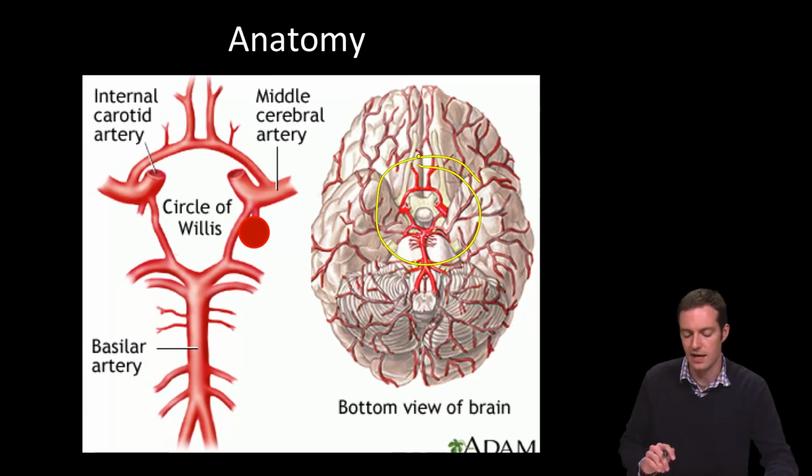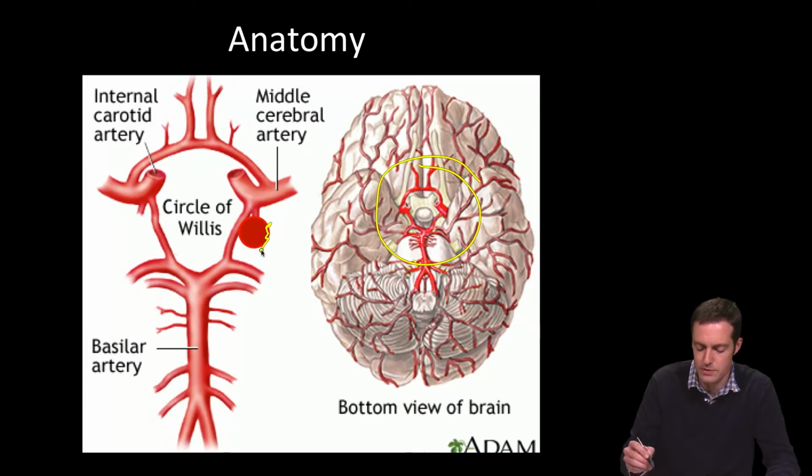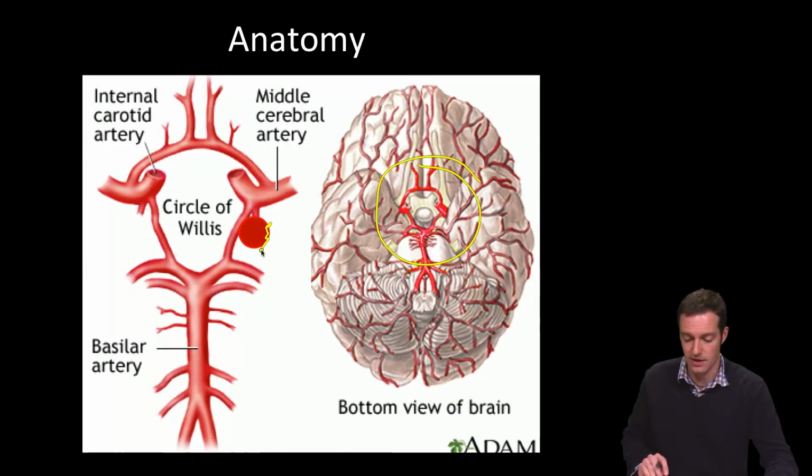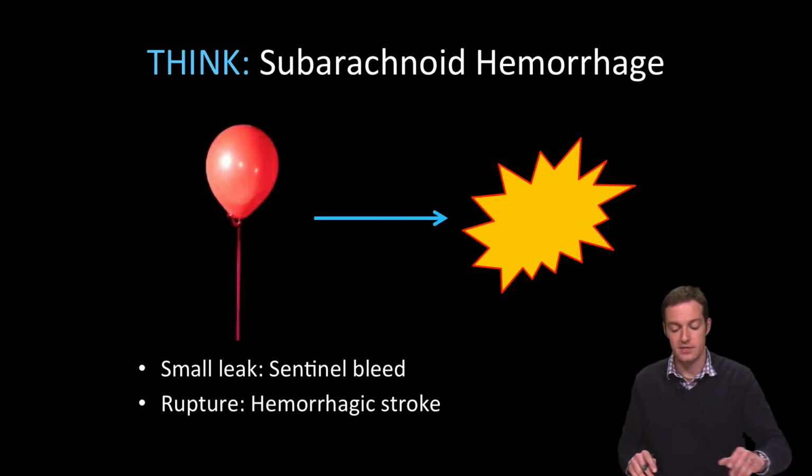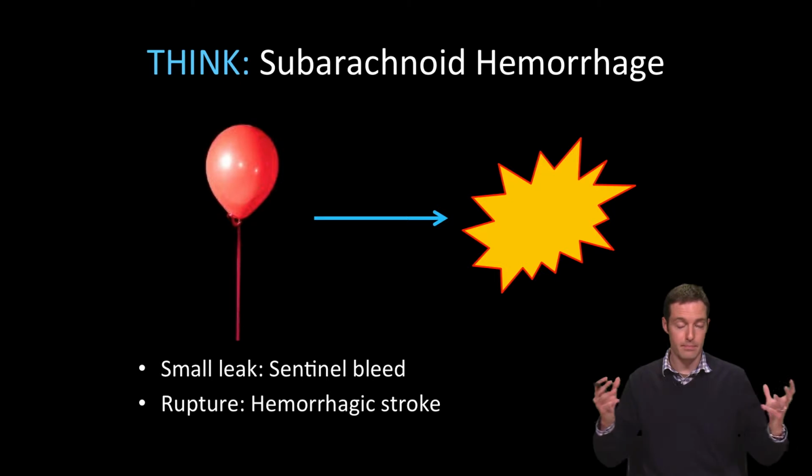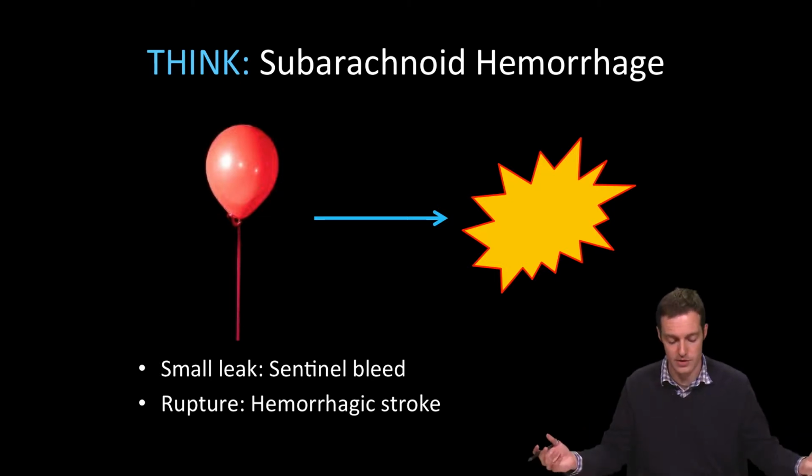And all it takes is a subtle abnormality in one part with the pressures that the patient has experienced, elevated blood pressure, to lead to a small tear, rupture, and eventually bleed with devastating consequences. Again, this balloon can then rupture, causing hemorrhagic stroke.